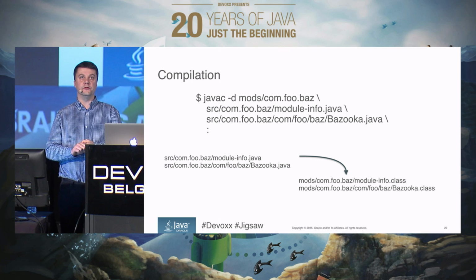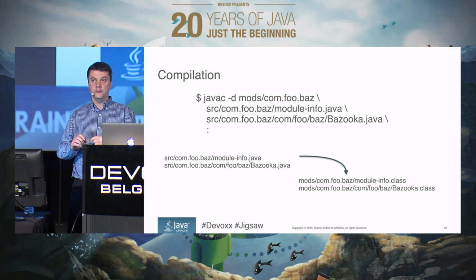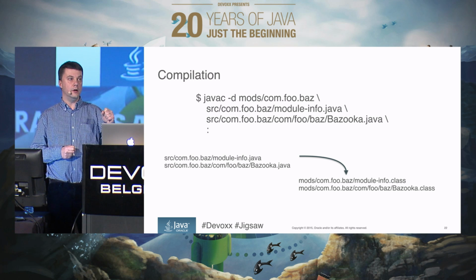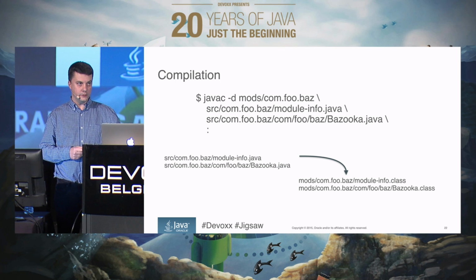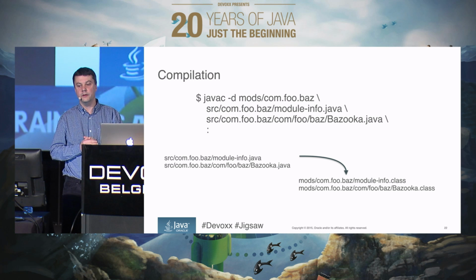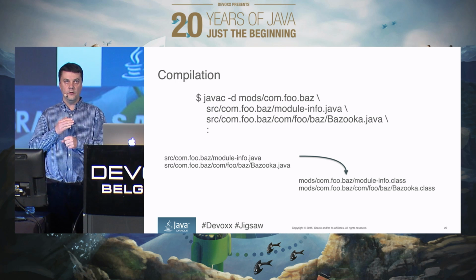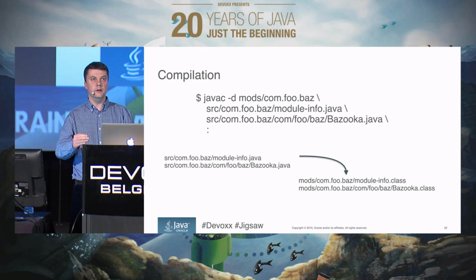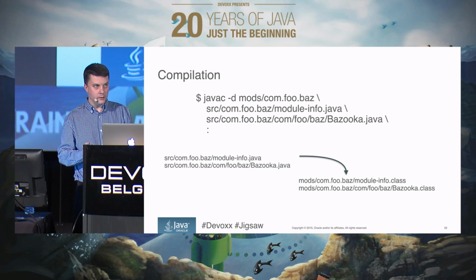I'm giving it a bunch of source files to compile, and just like any compiler, it goes from .java source to .class files. The way this code is organized for this example is the directory structure is src, module name, and then the source files.